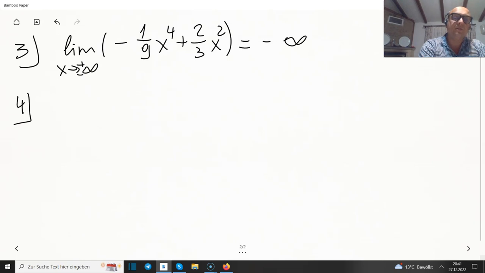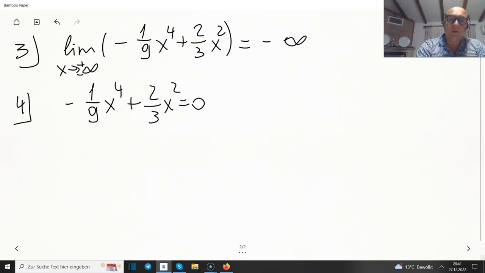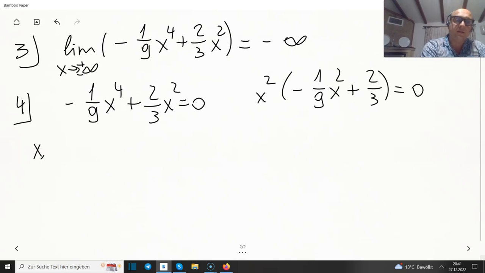Number 4, zero points. All right, well, we are putting the whole expression equal to 0. We can just take x squared out. We would have minus 1 divided by 9 x squared plus just 2/3 equals 0. So we have a doubled zero point at 0, and then the parenthesis could be equal to 0 as well.